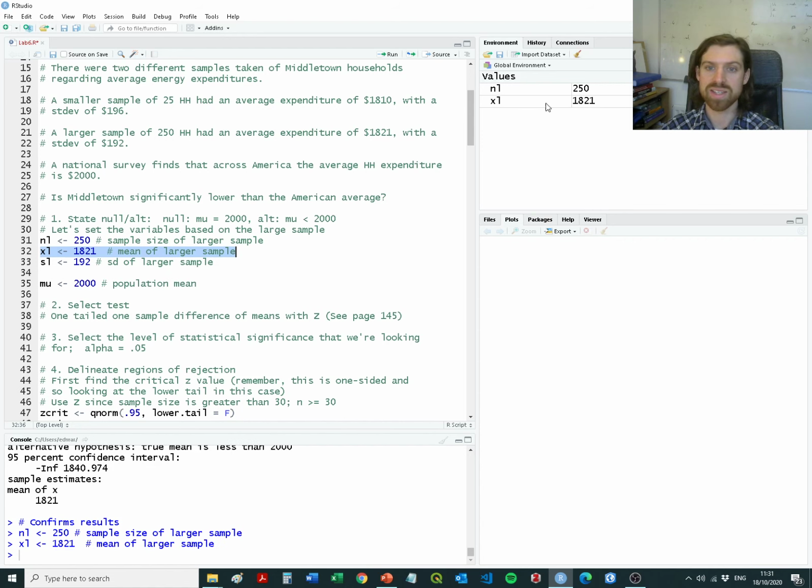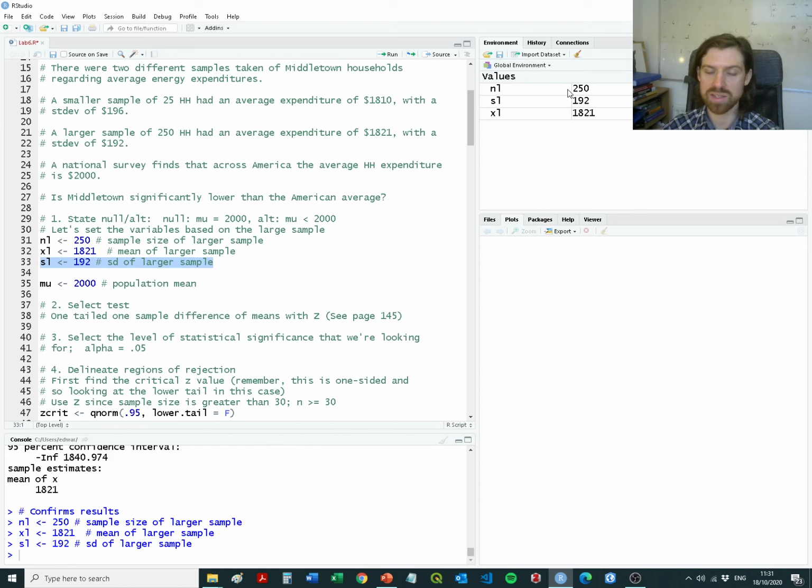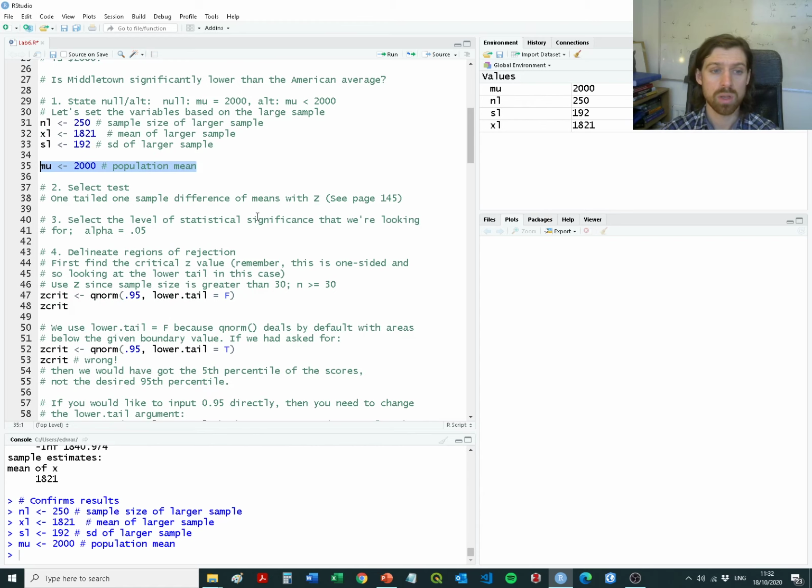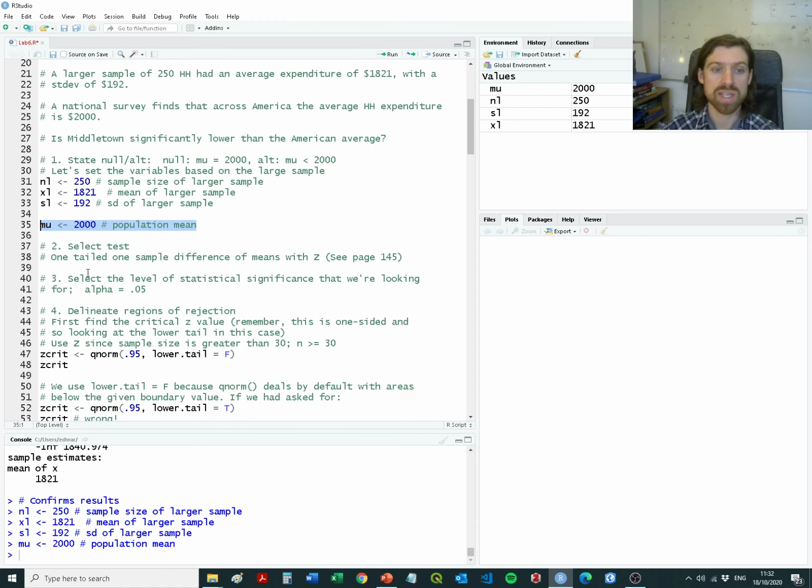So we enter that in as XL. And then we need to get the standard deviation of the larger sample. So that was $192. So we enter that into the global parameters as well. Then we need to allocate the population mean, which we know from the national average is $2,000, so we allocate that to mu.